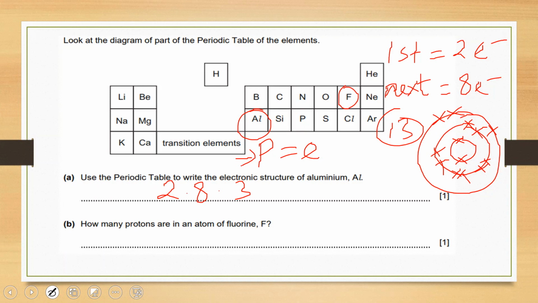If it's an atom, number of protons, number of electrons, and the atomic number are one and the same. So if fluorine has atomic number 9, it means in the nucleus of this atom, I only have 9 protons.